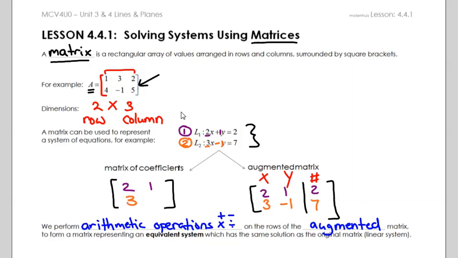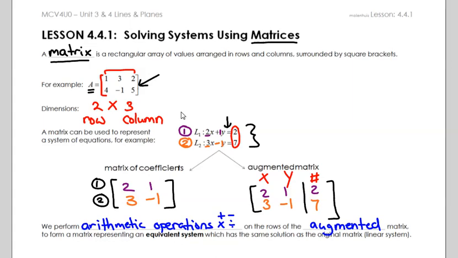And so 3 and negative 1 go here. All right, and that means that number 1 will go here, and number 2's numbers will go here. This is a matrix of just the coefficients. Now, if you wanted to add in the constants as well, you can see it on the right-hand side. It's called an augmented matrix.